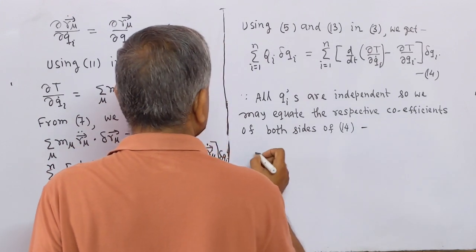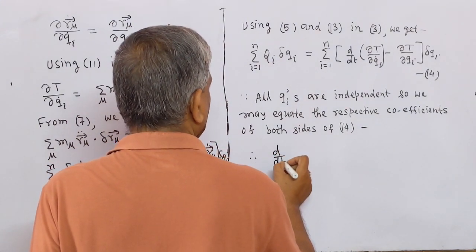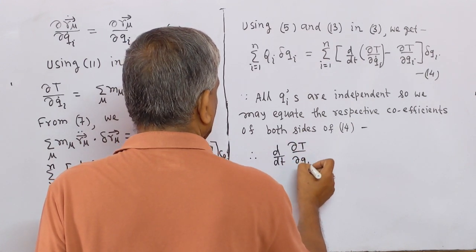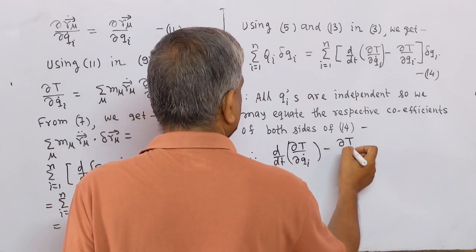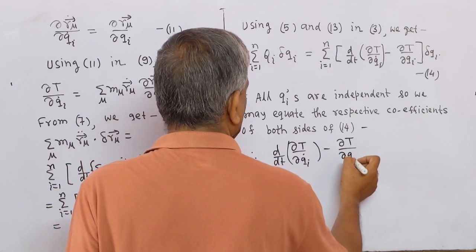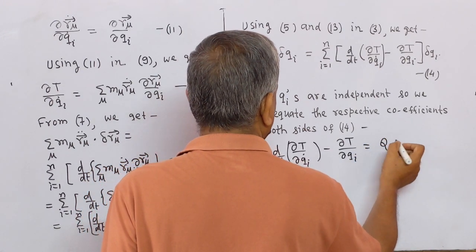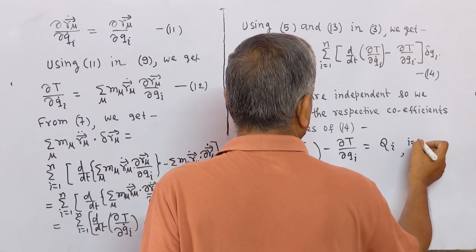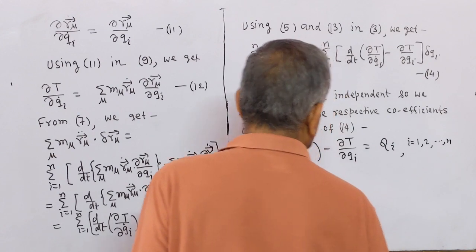Therefore, d by dt, partial derivative of T with respect to qi dot minus partial derivative of T with respect to qi equal to capital Qi, i equal to 1, 2, ..., n.